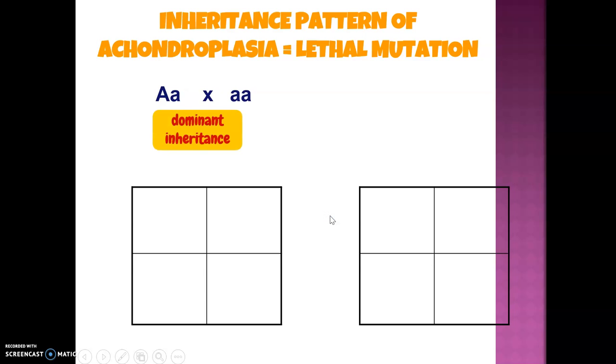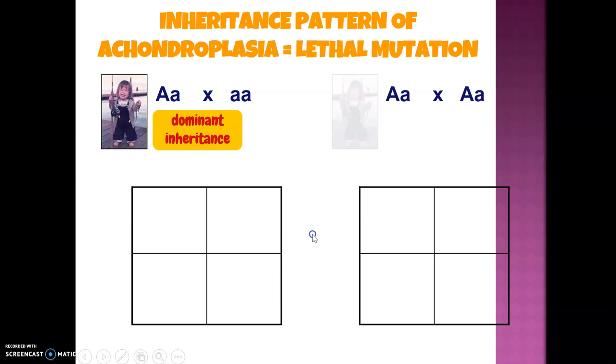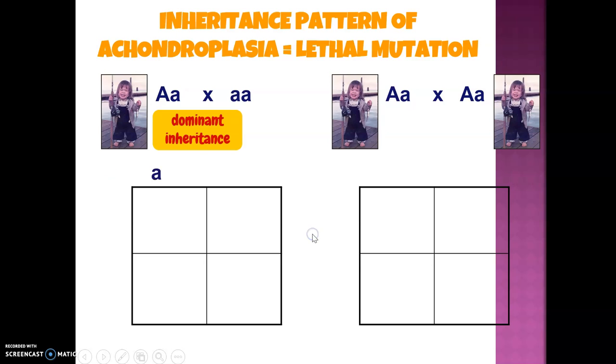So here is a lethal mutation for dwarfism. Let's say you had a dwarf mixed with a normal person, and then two dwarfs mixed together. We have dominant inheritance.